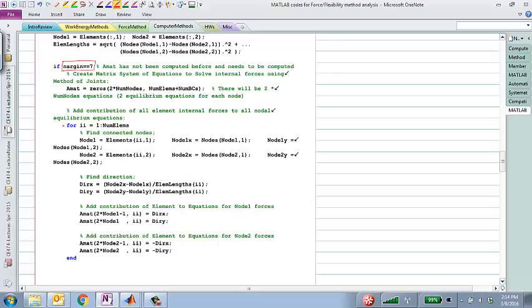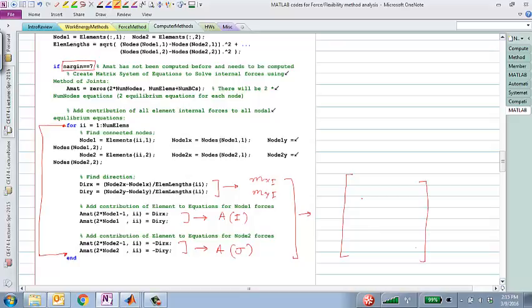So that creation of the A matrix goes exactly like we had done for the determinate truss. You see that for loop, that for and this end, you are calculating that mx for node I and my for node I. You are assigning that in the correct location for the A, and then for node J. Those 6 lines are constructing my A matrix with 4 entries for each row like we had discussed.